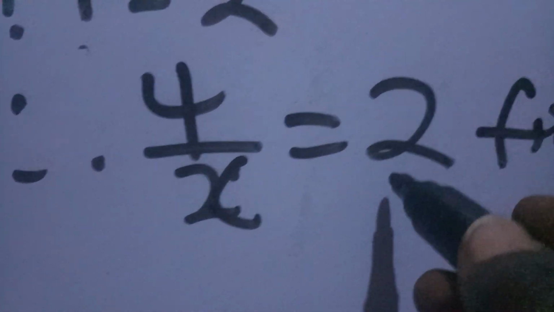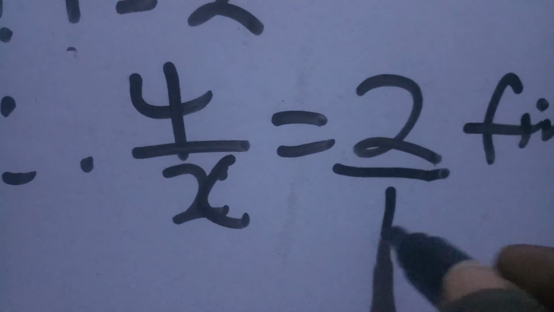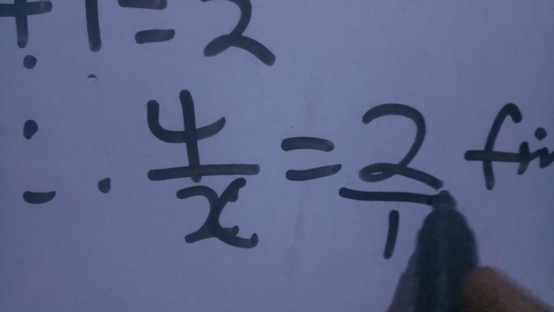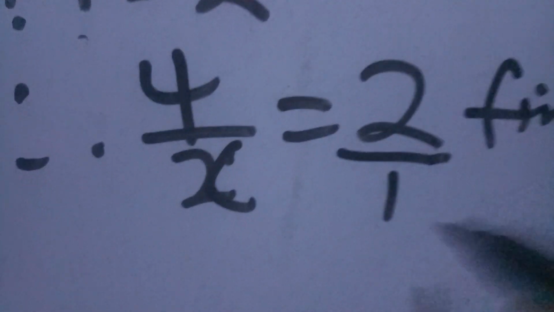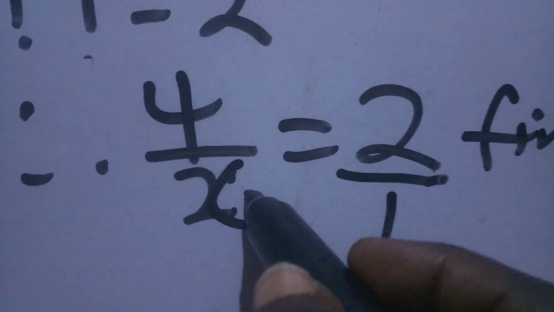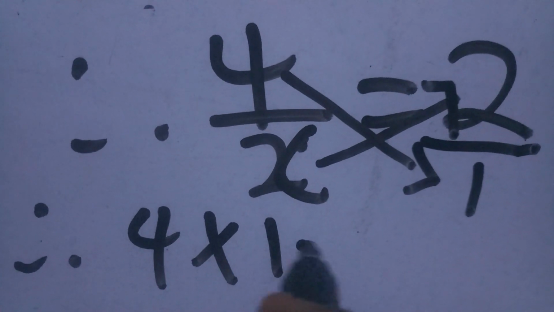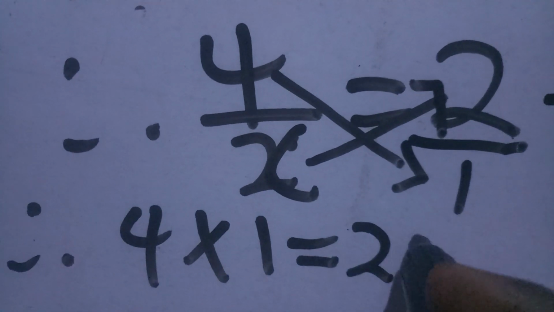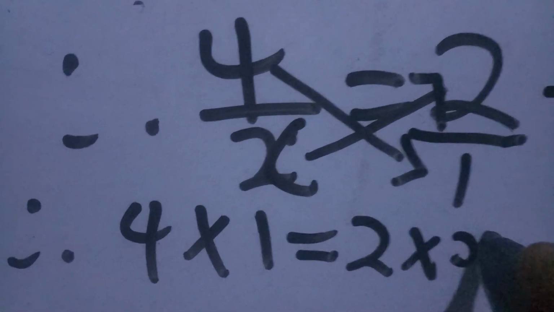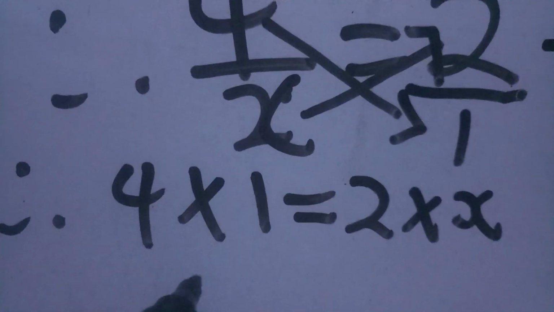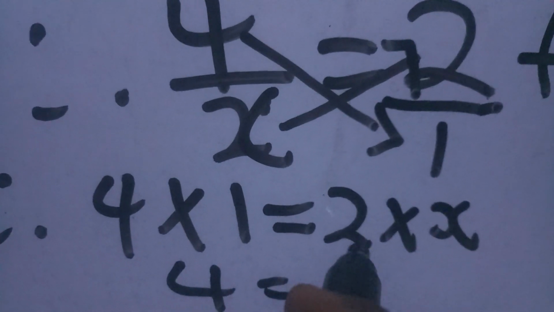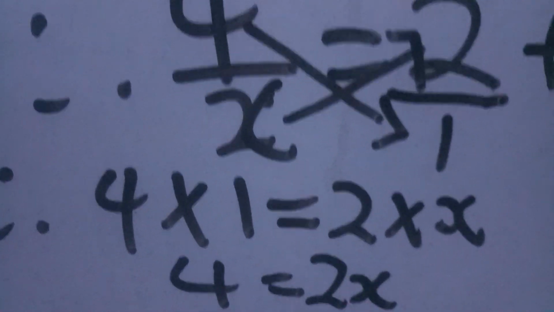So how will you do it? Immediately, you take the over 1 to the other side. So you now cross it. It will now be 4 times 1 equal to 2 times x. 4 times 1 is equal to 4. 2 times x is equal to 2x.